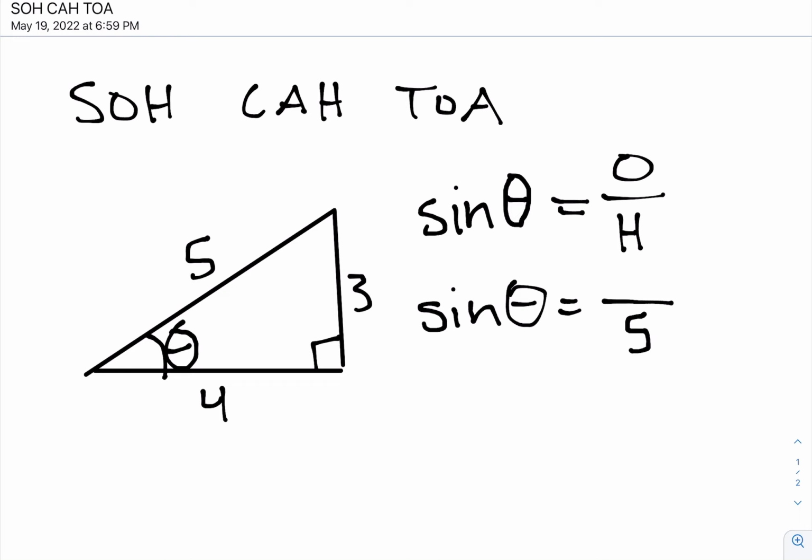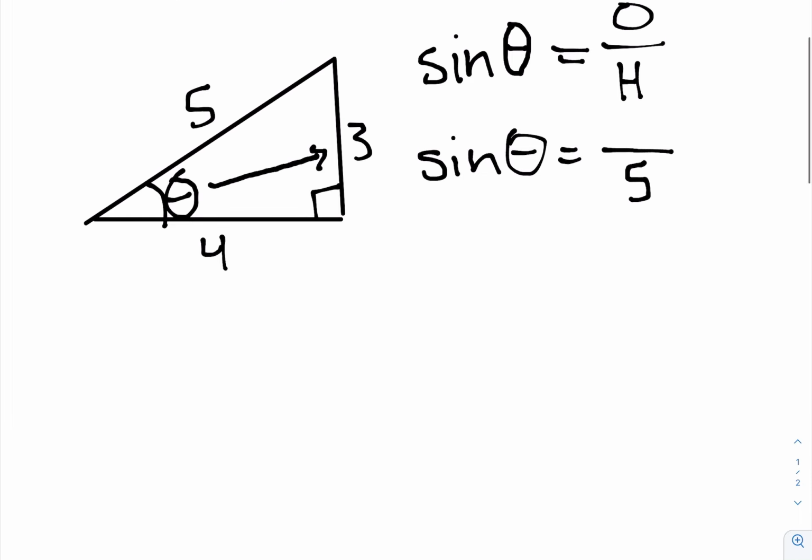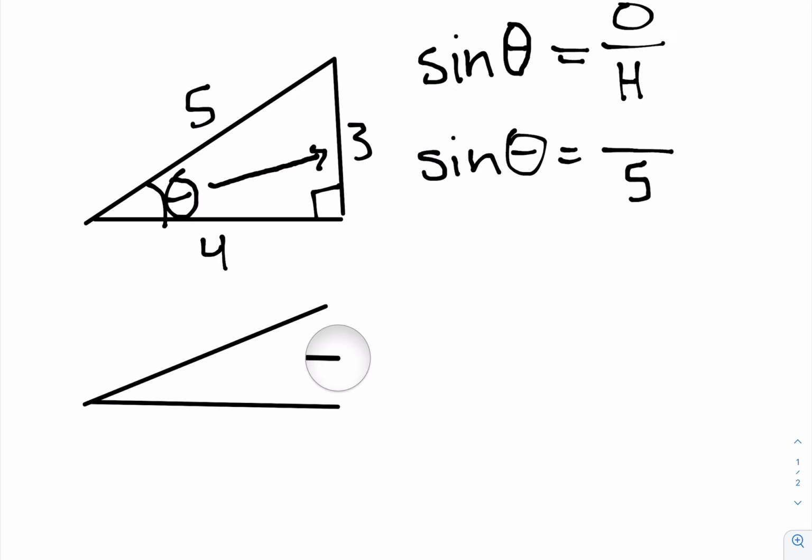The longest side. The opposite is just, if we go to our angle theta, and we go straight out, we radiate from that point, whatever side we hit, that's the opposite. When I was talking about acute angles, I described them as an alligator munching.